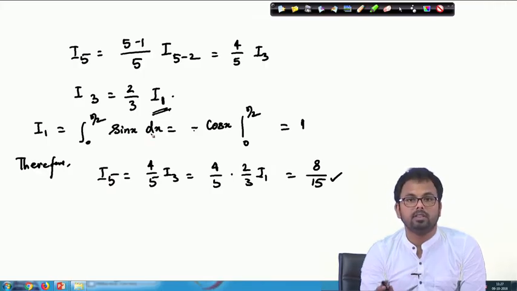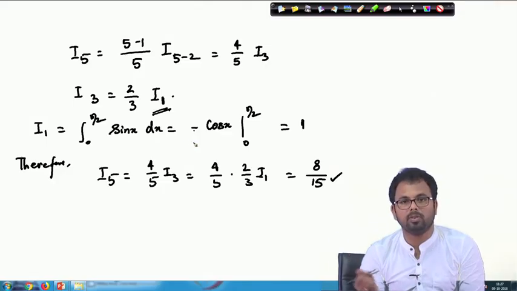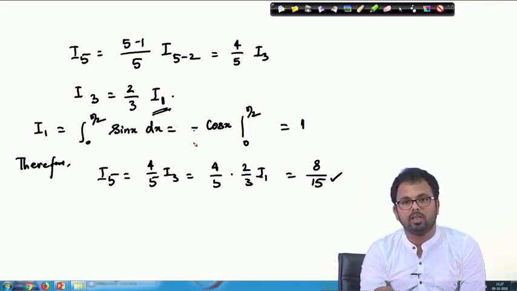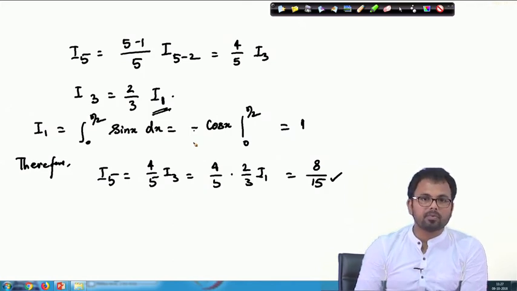And if n is even, that means if you have sine to the power 6, 10, 14, then you will end up with I0, and sine to the power 0 is basically 1, so you just calculate the integral from 0 to pi by 2 of dx, and that will give you the answer. So if n is odd, you end up calculating I1. If n is even, you end up calculating I0 at the end. So that's the trick here.